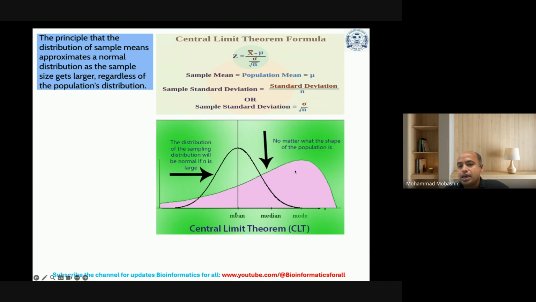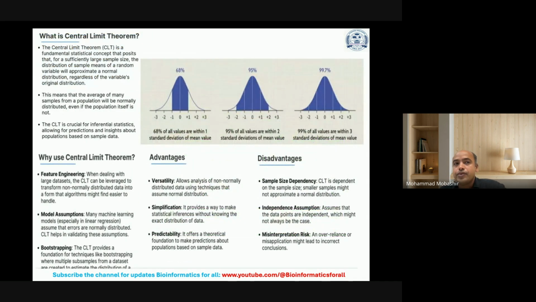So this is how you go about the central limit theorem, but you can see some more details of it here. For example, 68% of all values are within one standard deviation of the mean value in this figure.